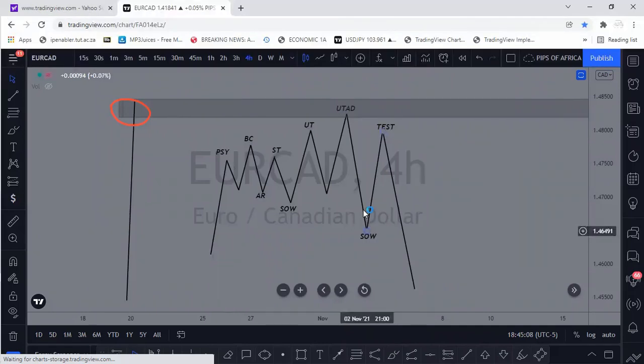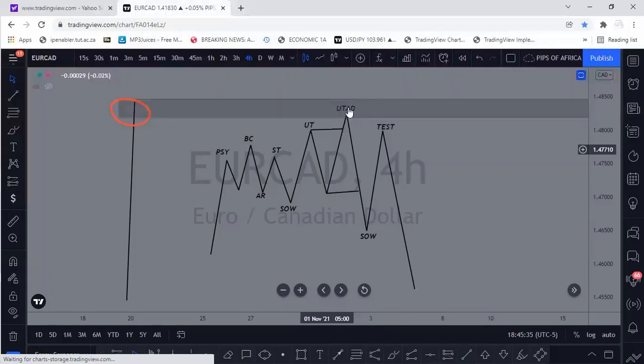Then we know once we get the sign of weakness, some of you know this one as a break of market structure. You see it as a break of market structure, right? And you are very correct by that. And then here, someone is also seeing this one as a break of market structure. This one, especially retail traders. Then which one do you need to trust?